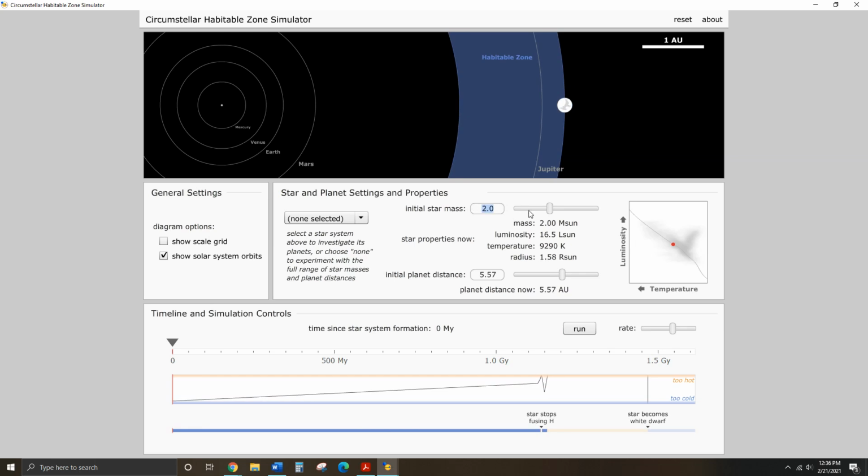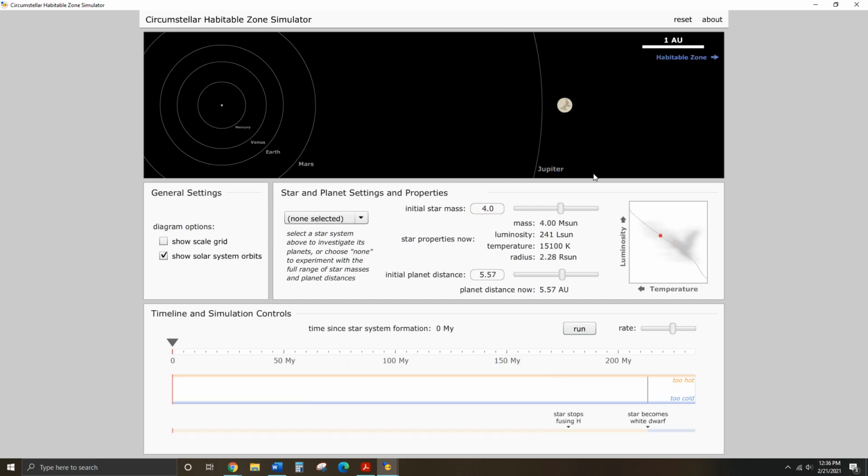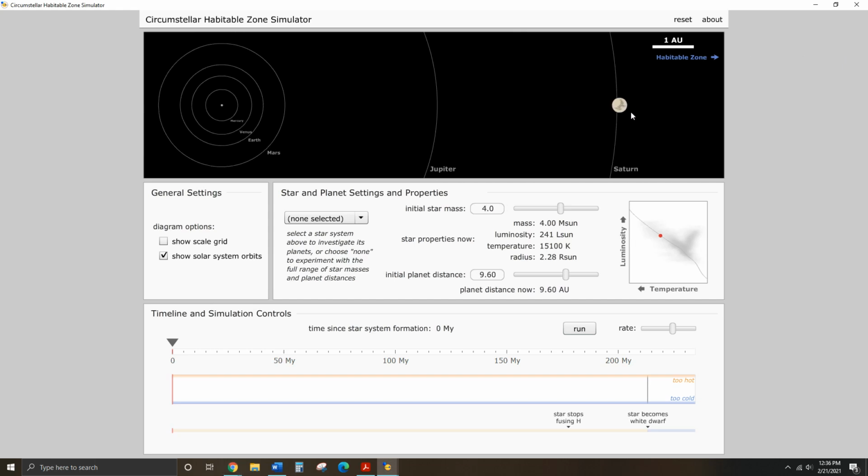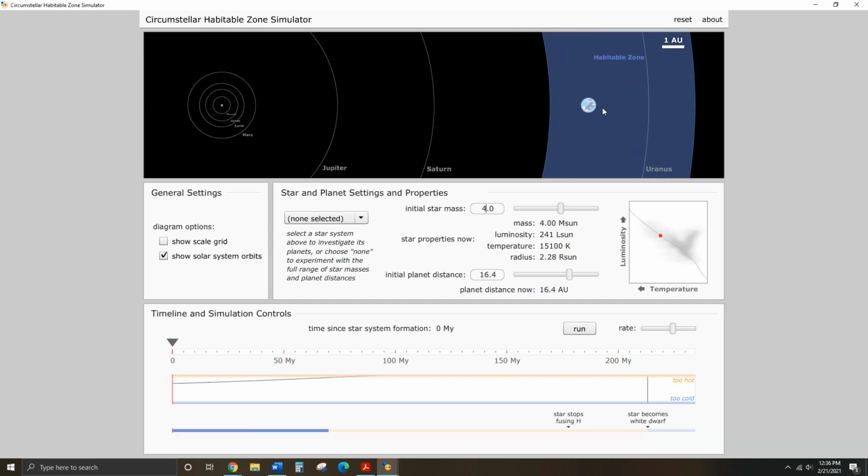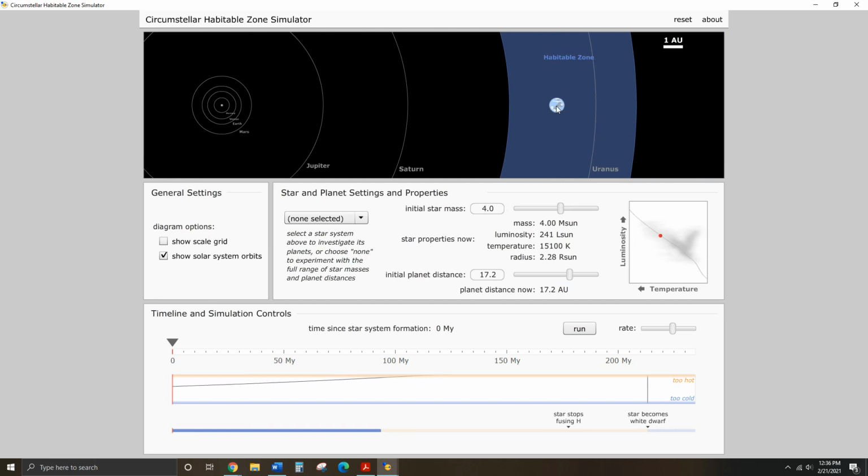Going to move up to 4 solar masses. Here's the inner boundary.